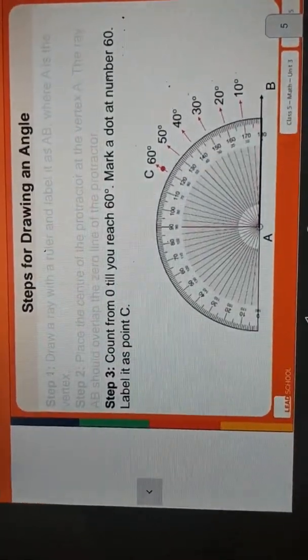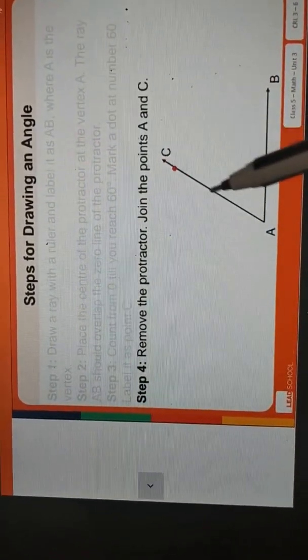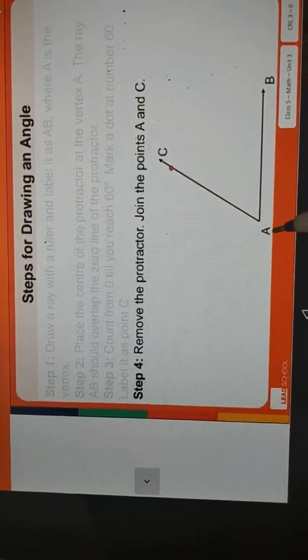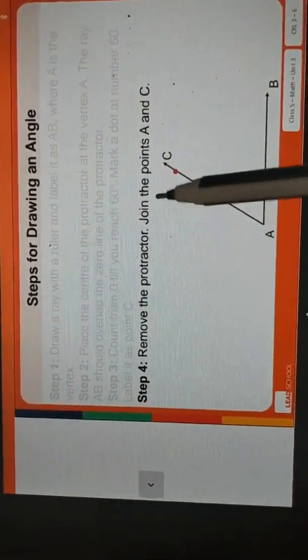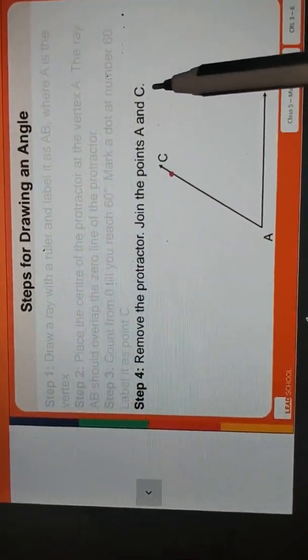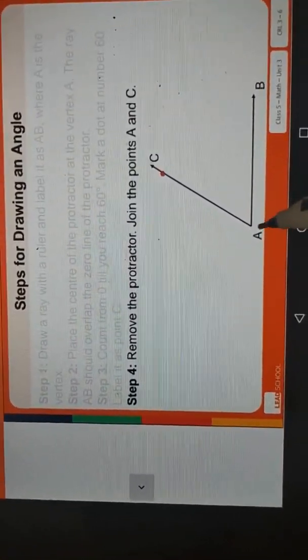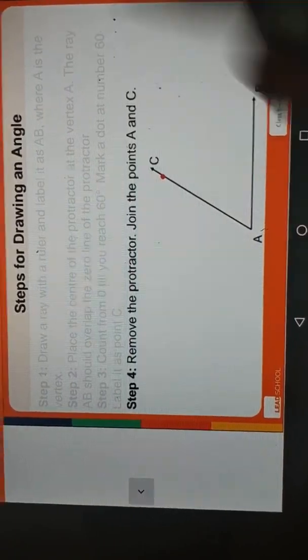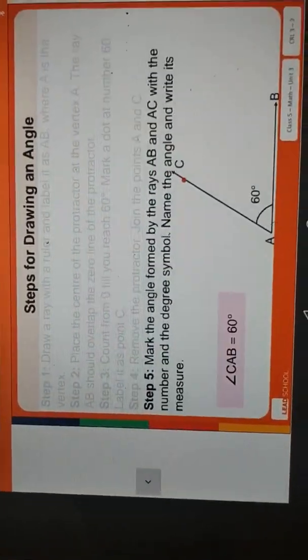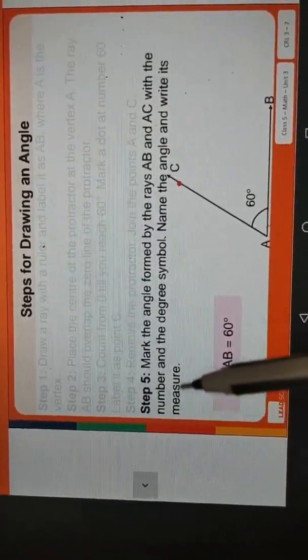Okay students, then we have to draw the line. Remove the protractor and join the points A and C. So how many degrees is there, students? It will be 60 degrees.